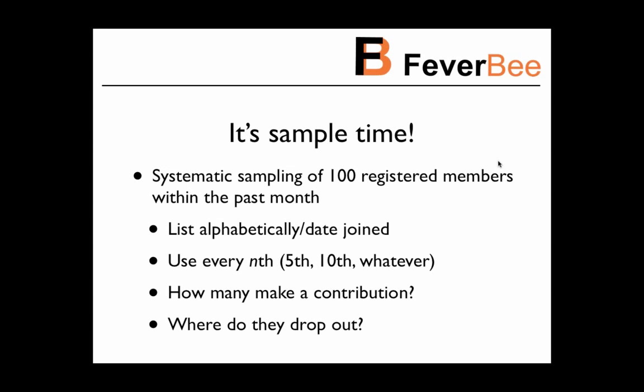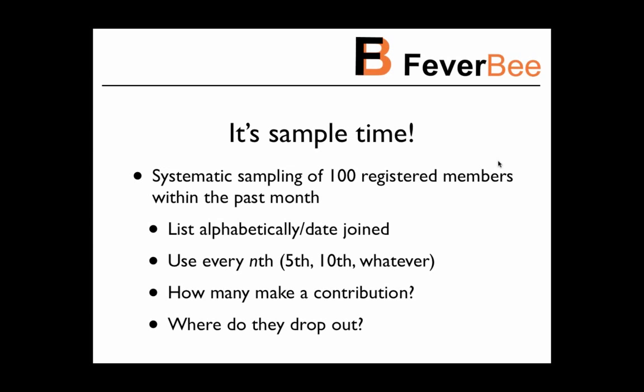But to do that, first we have to know how many people that join the community actually participate in the community. And this is where it gets somewhat mathematical. So to do this, we have to have an accurate sample of registered members that participate. Now you could go through every person that joins your platform and look to see if they participate.